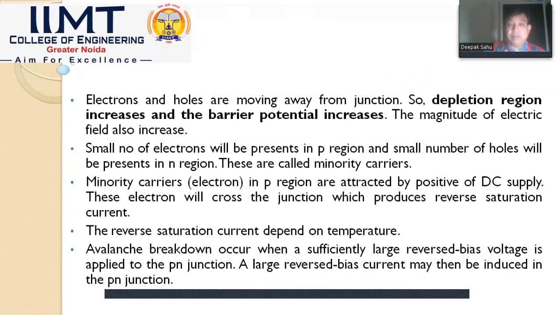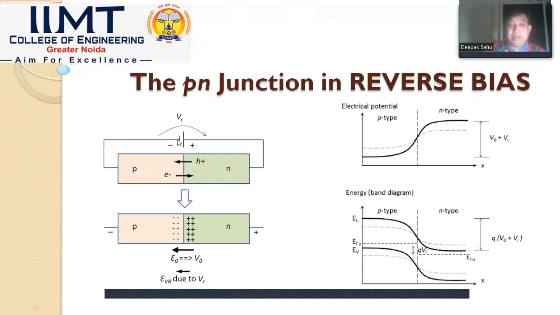Same thing goes for reverse bias. Now another reverse bias diagram is given, and this reverse biasing keeps on adding. Forward biasing keeps on subtracting from V naught. The reverse biasing keeps on adding. So as you can clearly see, in reverse biasing the carriers feel much more hindrance in moving to their opposite regions.